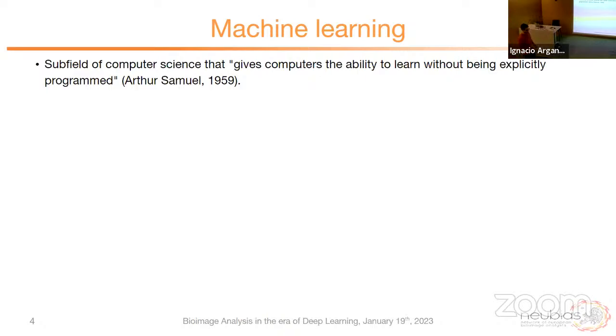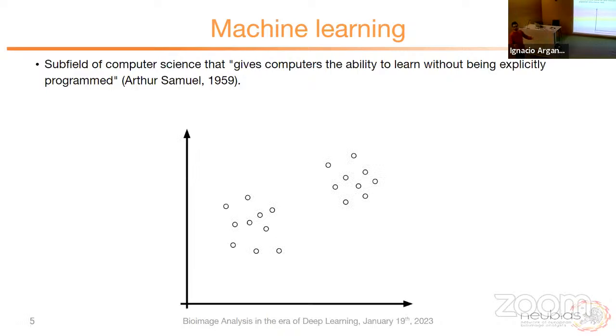Actually, something quite simple. Let's imagine that we have some data points, okay, that we can represent like this. And the target of machine learning is to categorize those points. No? For those objects, we want to indicate what we call their class.